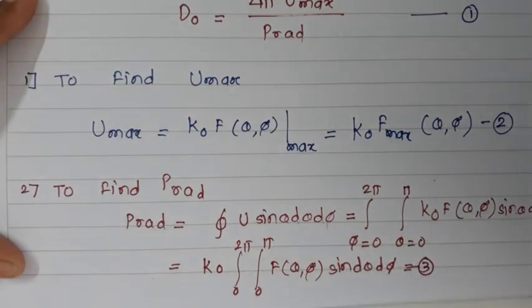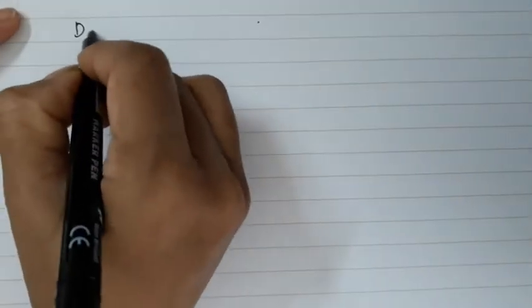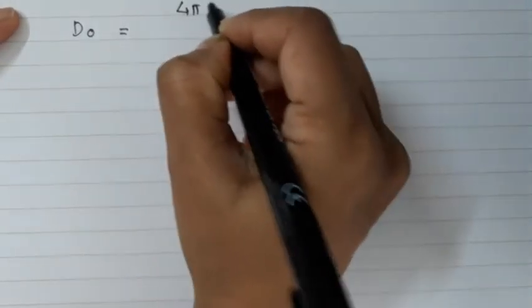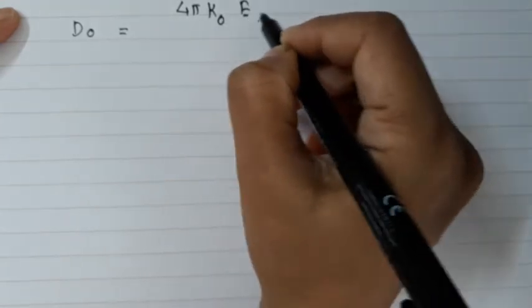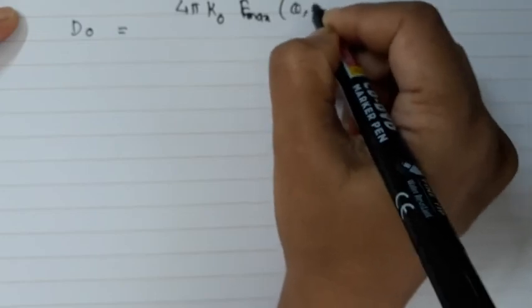So using equations 2 and 3, I can write the D0 like this. If I'm using equations 2 and 3, further I'll solve it like this. I can write my D0 is equal to 4π K0 F max(θ, φ) divided by K0 times the integral from 0 to 2π, 0 to π of F(θ, φ) sin θ dθ dφ.